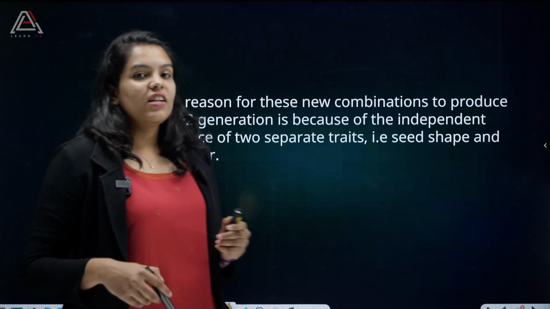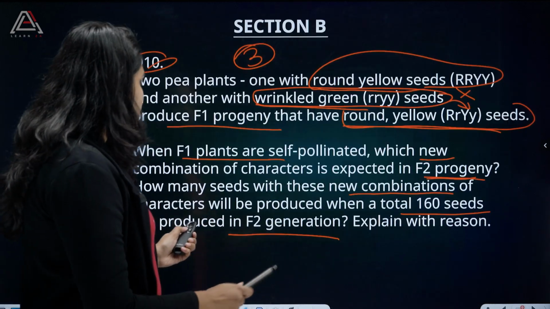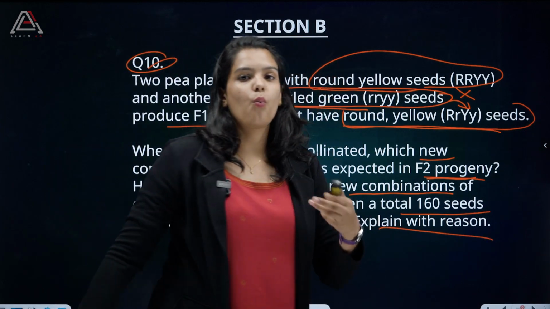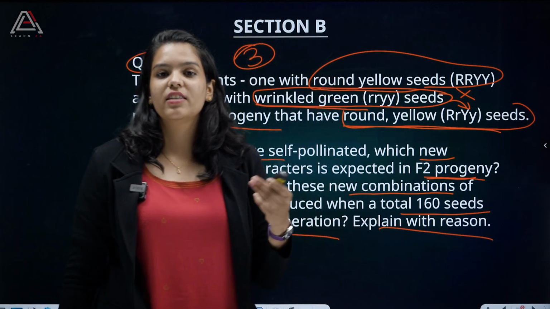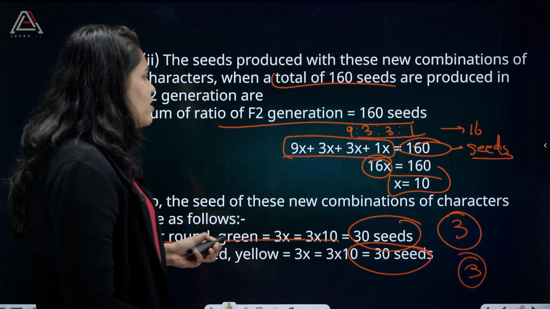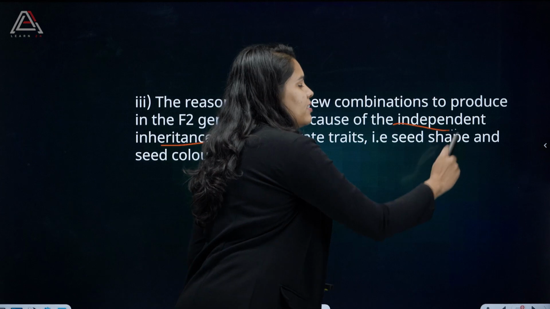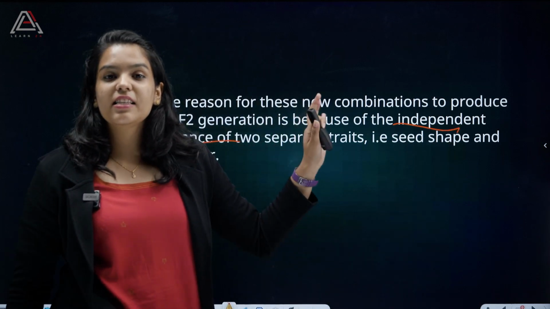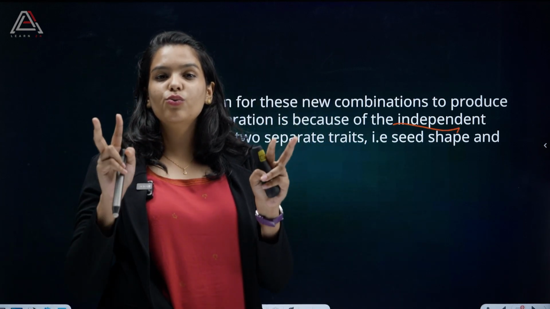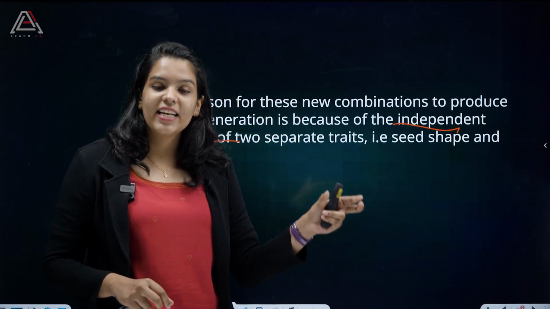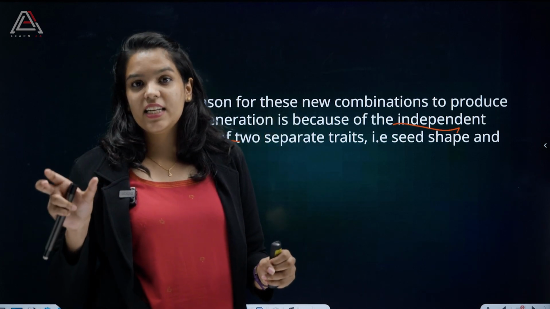Moving on, the third part of this question was to explain with the reason why these new combinations can be seen. According to the law of inheritance, that is independent inheritance, in this case two types of traits were seen, that is the seed color and also the seed shape.